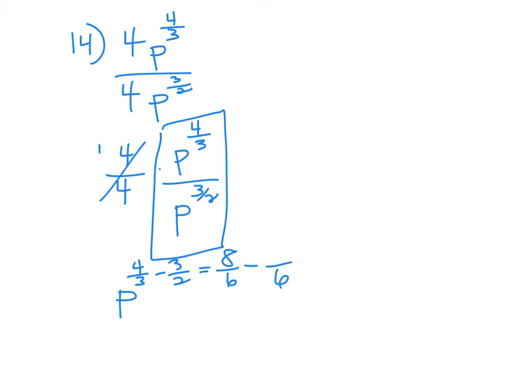Then I'm going to have another 6 as my denominator. 2 goes into 6 3 times. 3 times 3 is 9. So 8/6 minus 9/6 is equal to negative 1/6. So that's going to give me p to the negative 1/6.